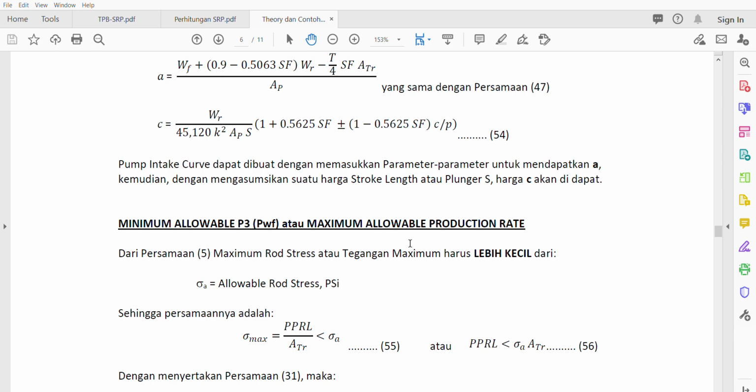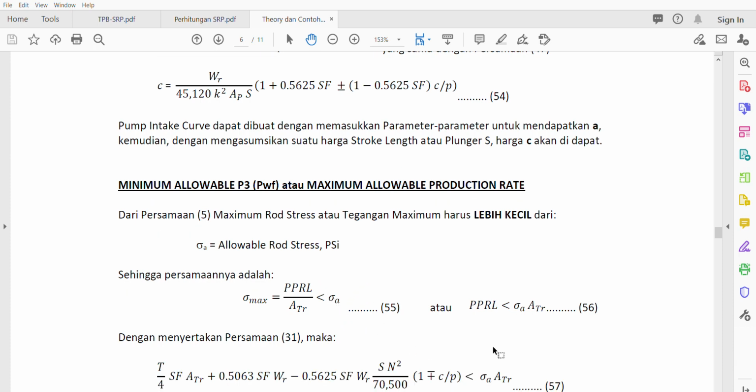The rod itself has an allowable rod stress, we call it tau A. The maximum stress has to be lower than tau A. Remember that maximum stress, because it is allowable, this is the capability of the rod itself.